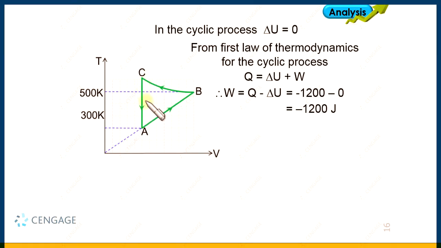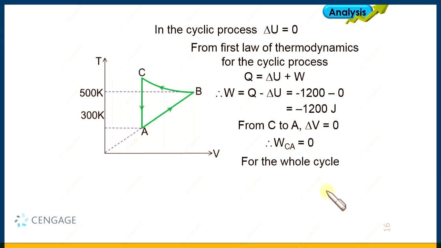This is the simplest process, CA. This is the isochoric process, and in an isochoric process we know the change in volume delta V equal to 0, and if delta V equal to 0, that means there will be no work done in this process. So, here we can write WCA equal to 0. Now, if we consider the whole process, we can write WAB plus WBC plus WCA equal to total work done, that is equal to minus 1200.